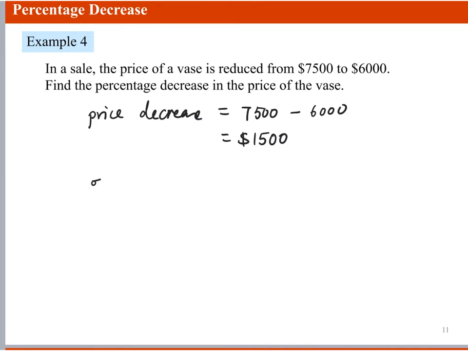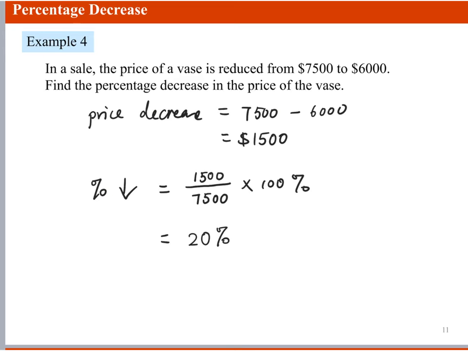The percentage decrease equals the price decrease on top and the original, 7,500, at the bottom, times 100%. So this is 20%. So the new price is now 20% off from the original price.